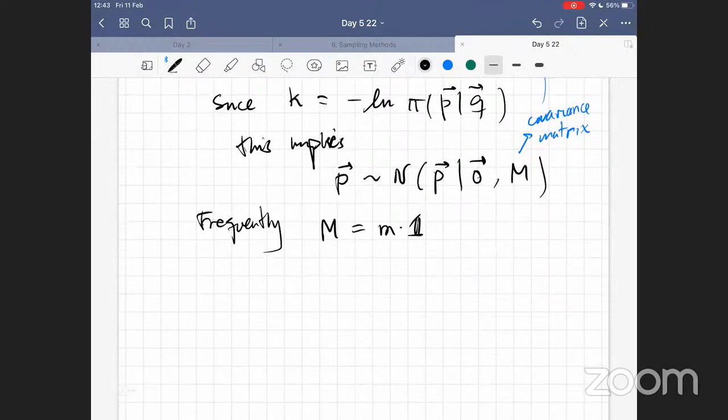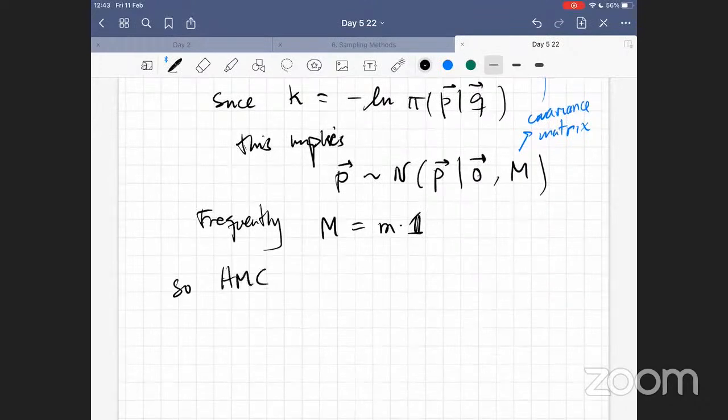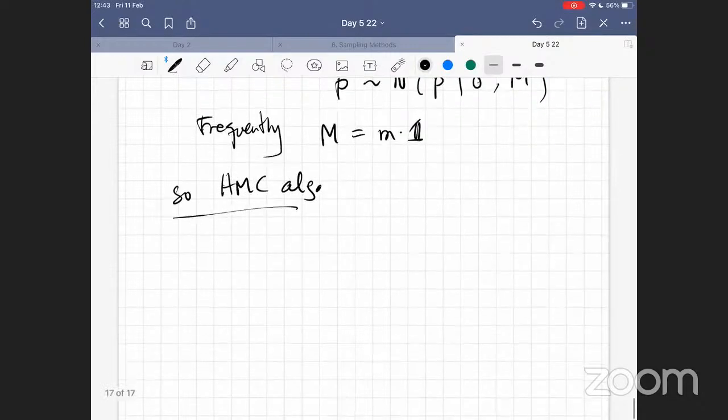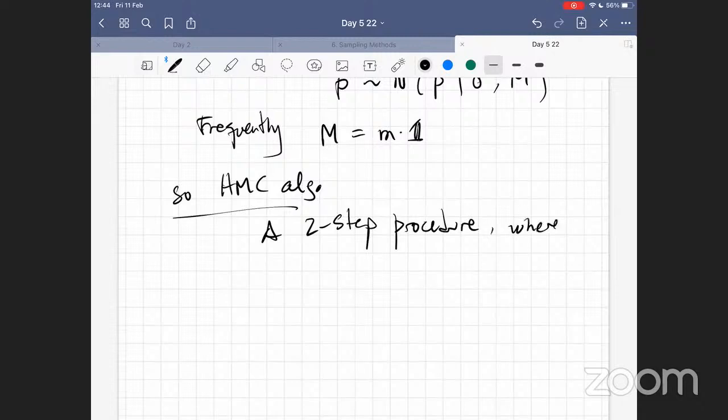So let me just summarize the HMC algorithm. It is, as before, a two-step procedure where in each iteration you do two things.